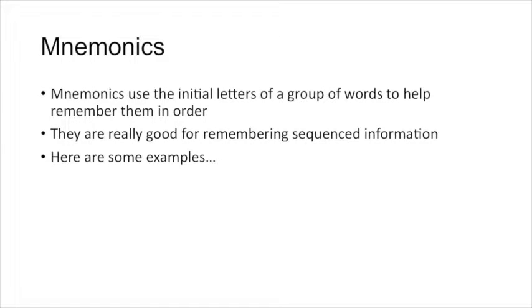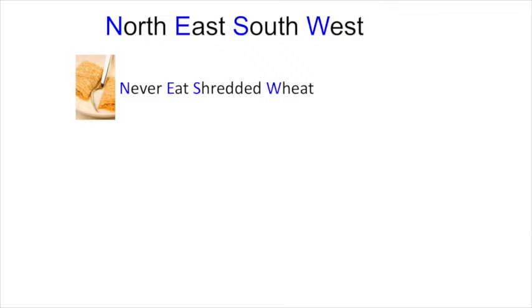But we still have to actually memorize a lot of facts sometimes, and mnemonics is one of the best memory tricks that you can use. You use the initial letter of a group of words to help you remember them in order. Okay, they're very good for sequences or remembering a whole bunch of facts that are related to each other. So, for example, north, south, northeast, southwest goes never eat shredded wheat.